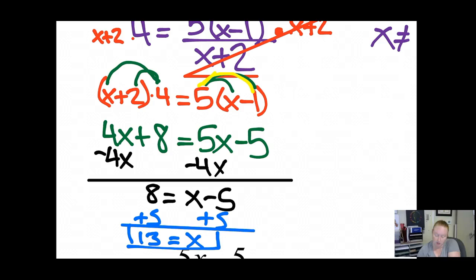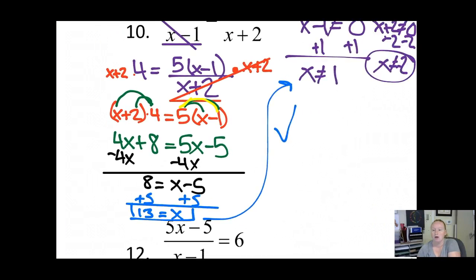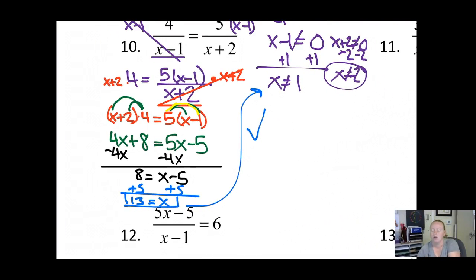This will be my answer as long as it checks with our values that it can't be. And it does. It's not 1, it's not negative 2, so it is fine. 13 will work.